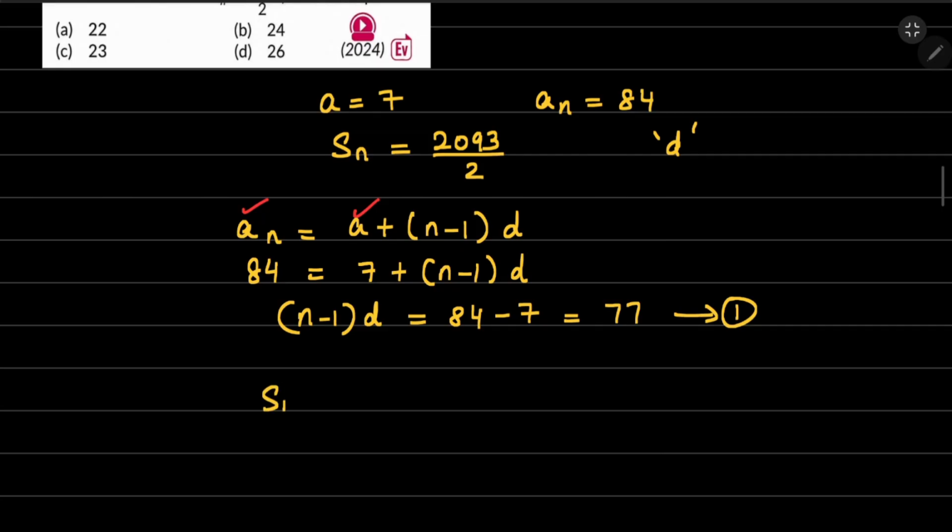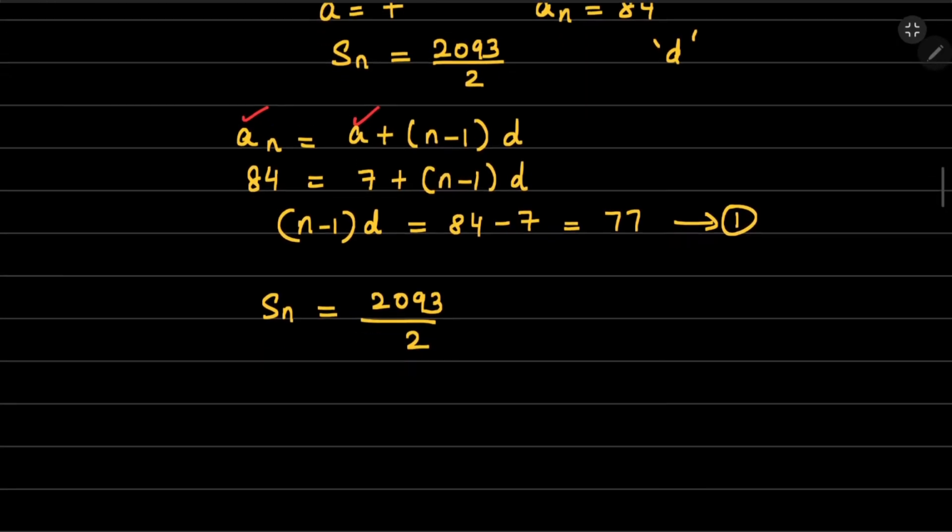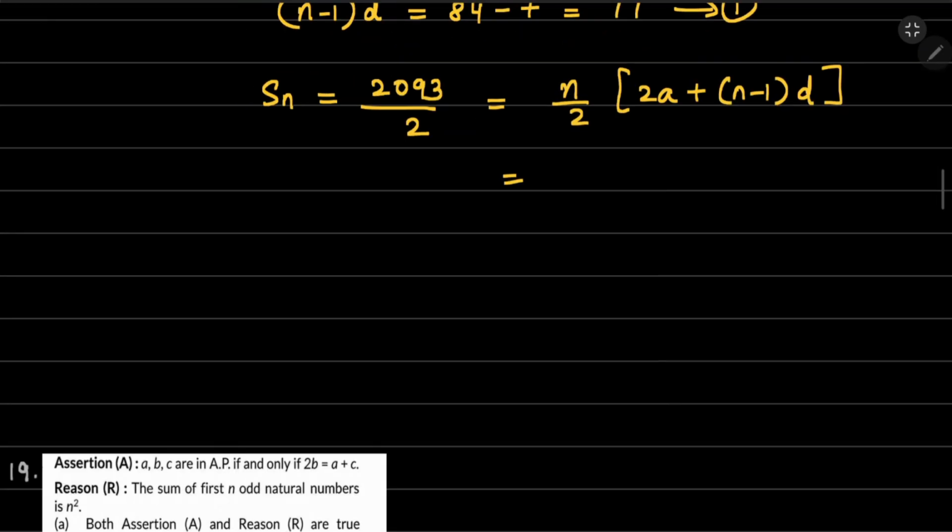Now you are given that the sum of the first n terms is 2093 by 2. Let's use the formula for Sn, which is equal to n by 2 into 2a plus n minus 1 into D. Now in place of this n minus 1 into D, we will substitute 77. You have to calculate what is n, right?